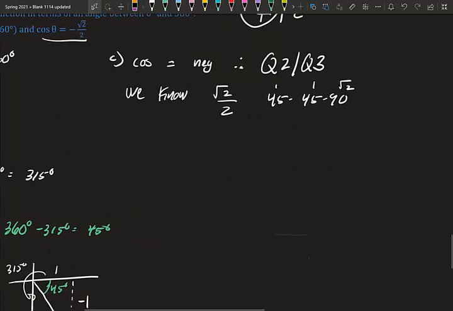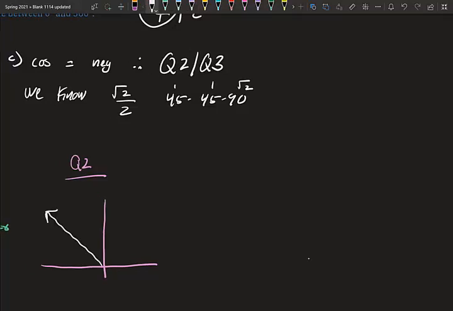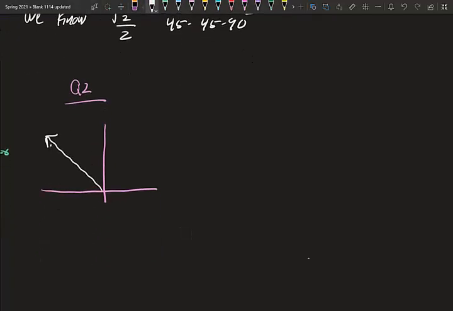Now I can go ahead and draw quadrant 2 and quadrant 3. So let's draw quadrant 2. We have our angle, we don't know yet, so we need to find it. Somewhere the angle is in quadrant 2. I don't care where it is, that's where it is. Okay, we know it's a 45, 45, 90 triangle.